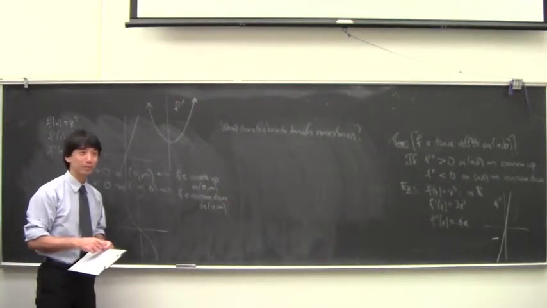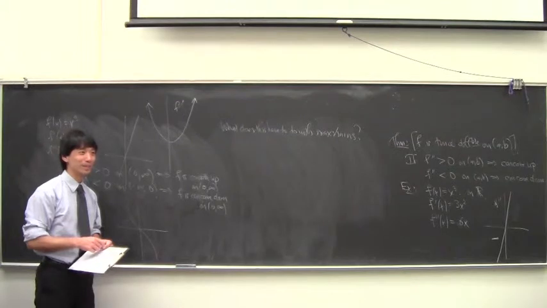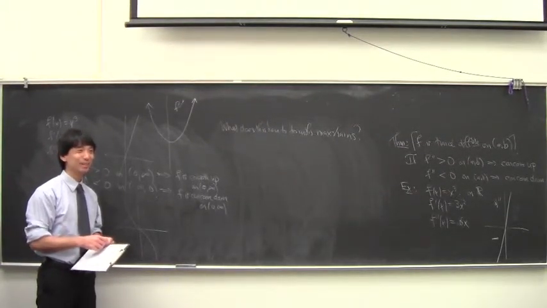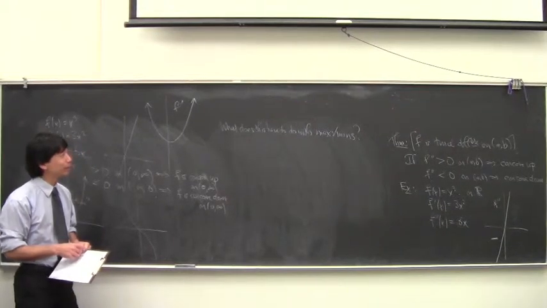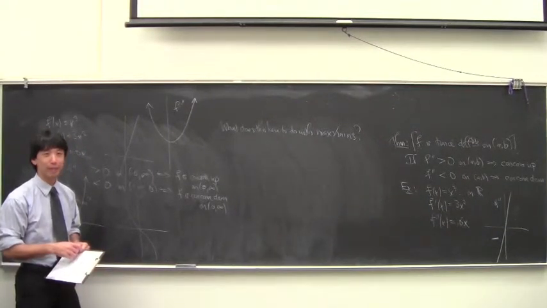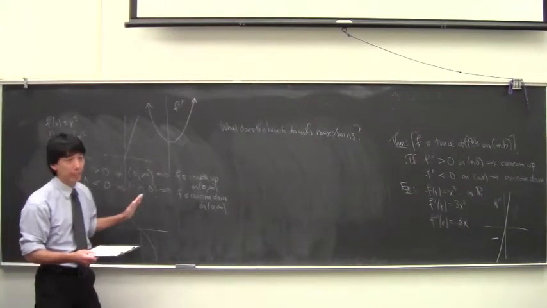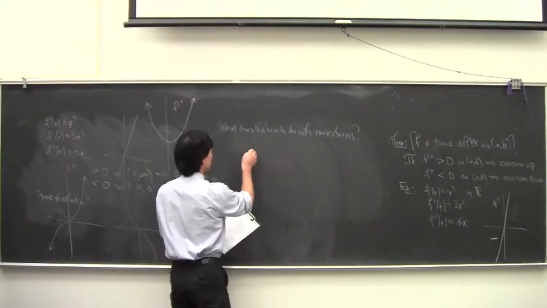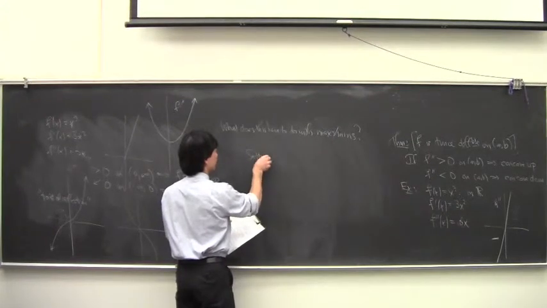Do you want to think about that? Think about it for a minute. See what you can figure out. What does an increasing derivative have to do with maxes and mins? So I'm going to set it up. Here's the setting.